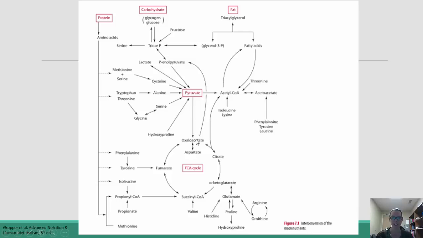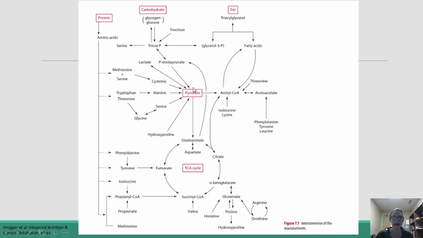Pyruvate can be converted to either oxaloacetate, and it can also be converted to acetyl-CoA. So here we can see that we can convert it directly to the glycerol portion, but if we break it down to pyruvate, then it can go to acetyl-CoA and produce fatty acids, but we can't go backwards. We cannot go from acetyl-CoA to pyruvate.